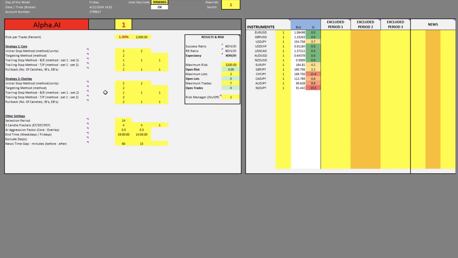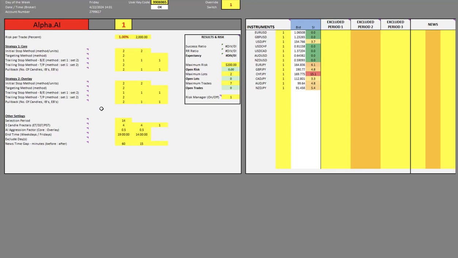All right, and you can see for the overlay, we've got the same. Now, the difference between the core and the overlay, obviously, is that the overlay is a counter trend strategy. So if you are looking to get the balance in your equity curve that an overlay offers, then you can use the overlay strategy. If it's something that you don't want to do, we can switch it off. So you just need to talk to us about that.